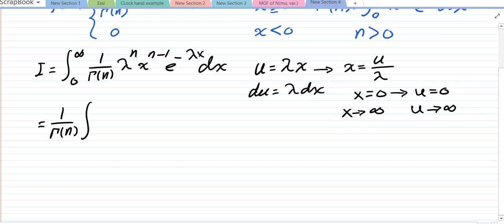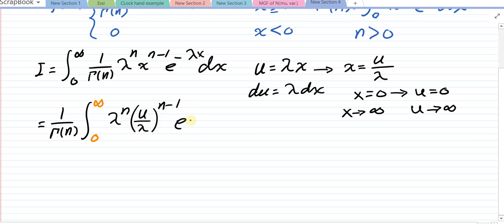But just to show that I did remember to check those limits of integration, I'm going to use a different color. What remains is lambda to the n, and then instead of x, I'm going to use u over lambda, to the n minus 1.